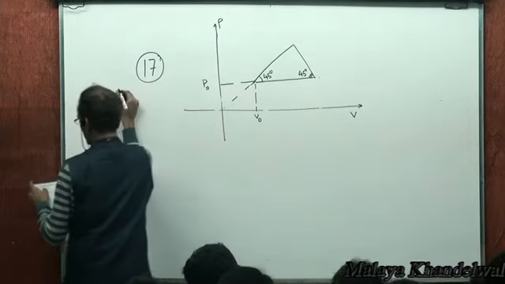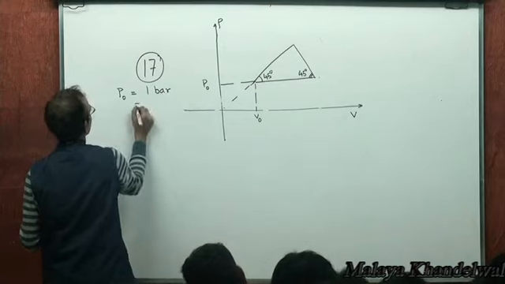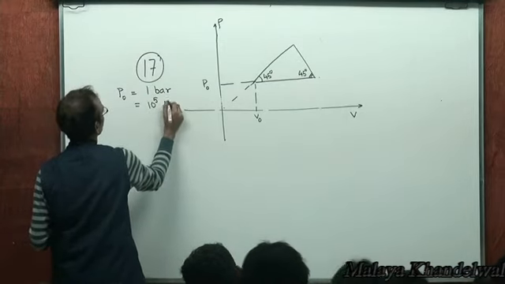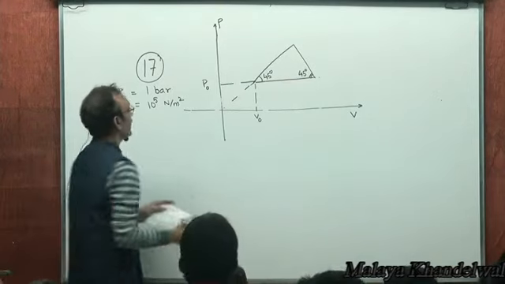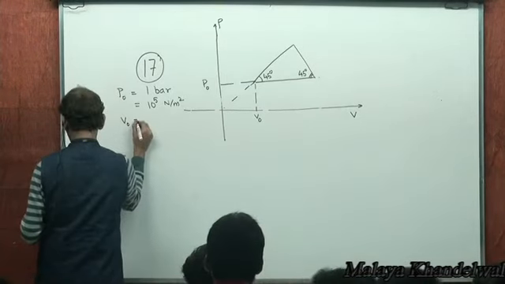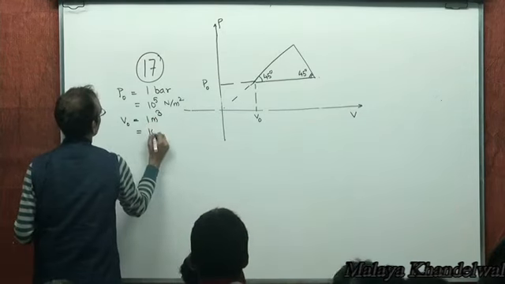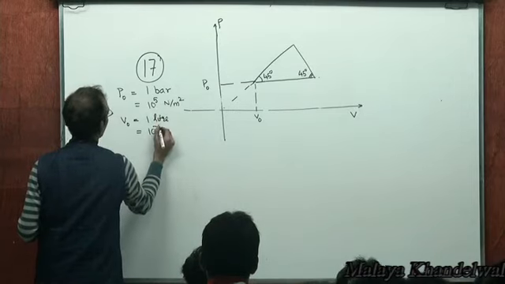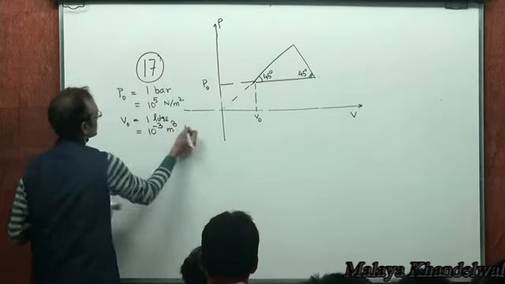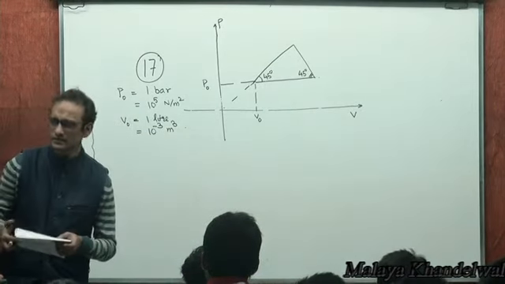P naught is given to be 1 bar. 1 bar is 1 atmospheric pressure, which is 10 to the power 5 Newton per meter squared. And initial volume V naught is given to be 1 liter, which is 10 to the power minus 3 cubic meters. 1 cubic meter is 1000 liters.